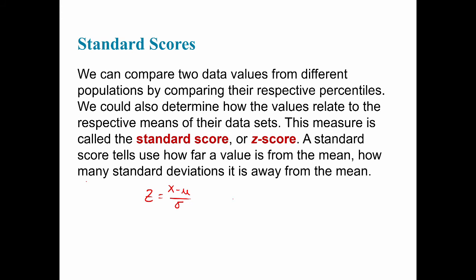Or similarly, for a sample, our z-score is x minus x bar divided by s. Same thing, x bar is the sample mean, s is the sample standard deviation. But either way, regardless if it's population or sample data, z is equal to the data value minus the mean divided by the standard deviation.